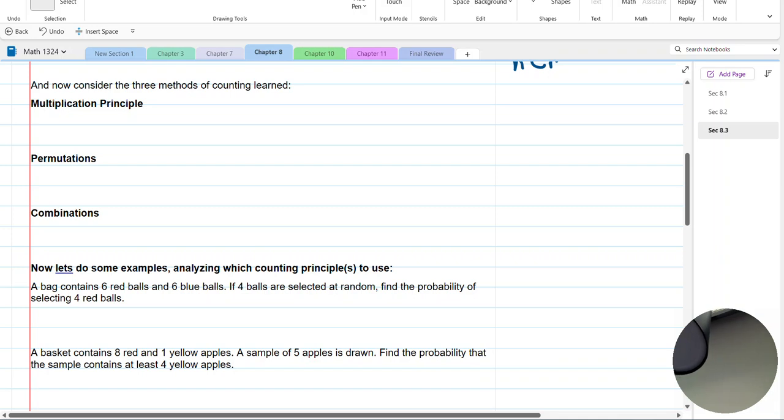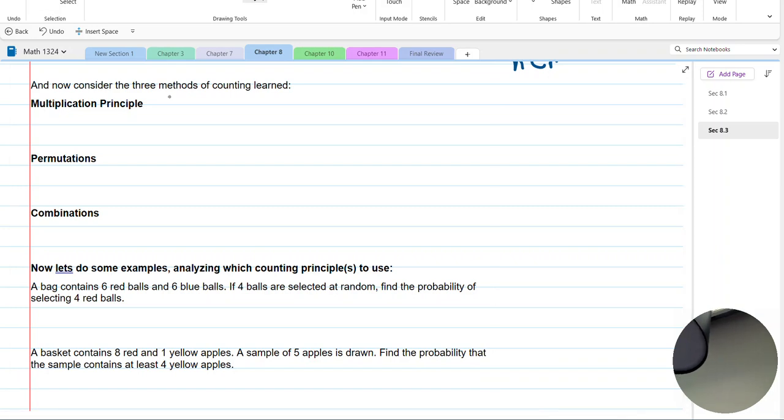All right, so again, we're looking at the listing of what we've learned in 8.1 and 8.2.